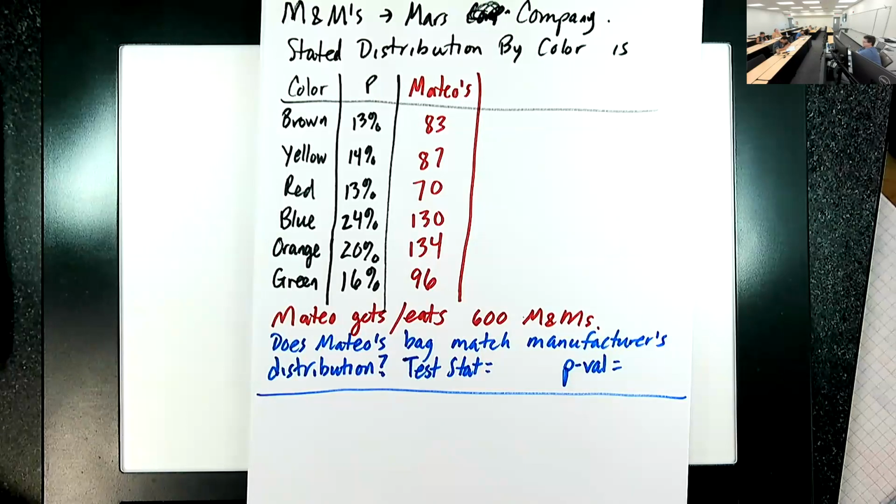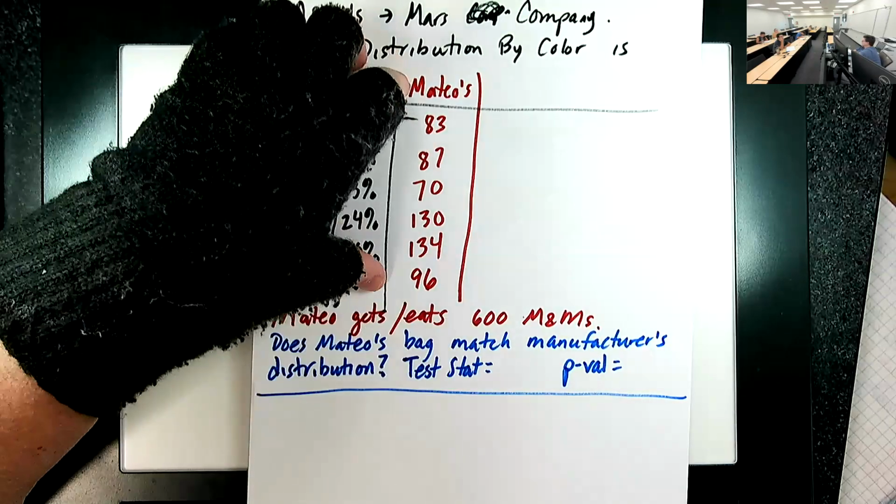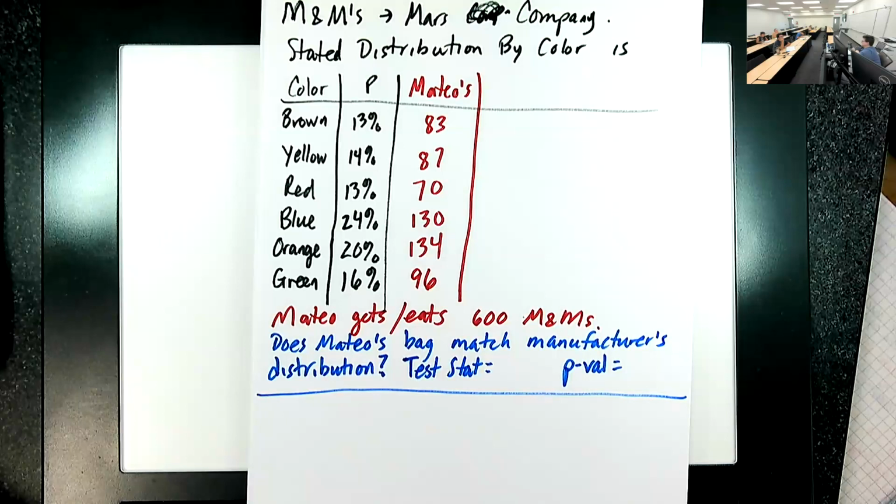It's something similar to this. There's a set of proportions. It may not be M&Ms, but there's a set of proportions that is expected for something, and there are observed values like Mateo's here. Do the observed values match what's expected?